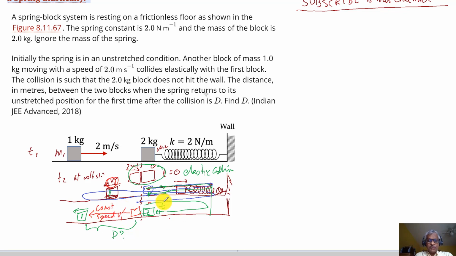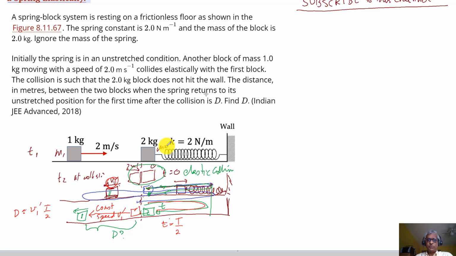If I know T is the half period, then D will simply be V1 prime times T over 2.